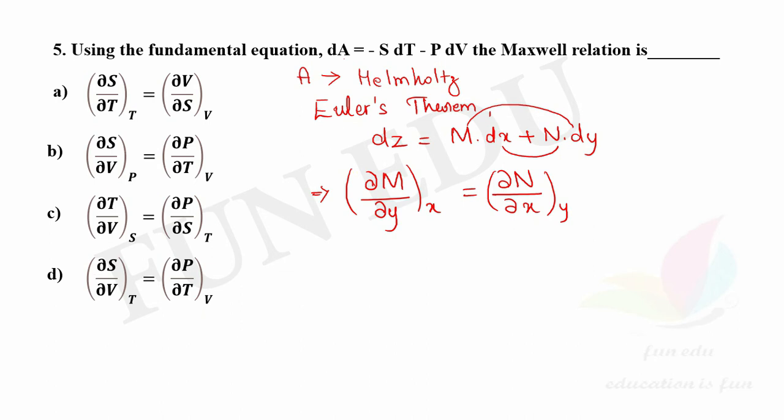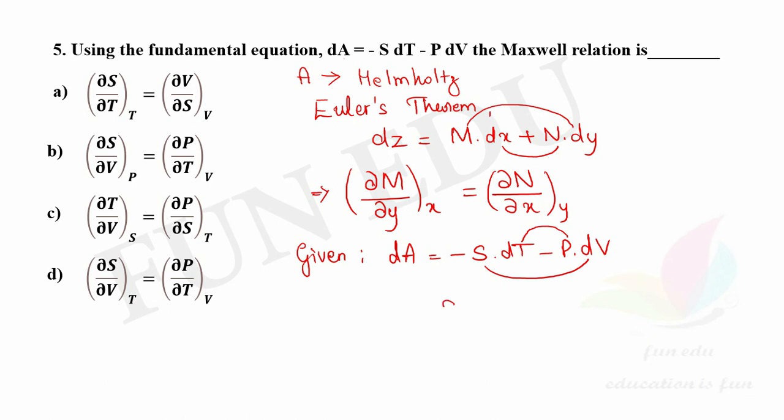So similarly, if you compare the same thing with the given equation, what is the given equation? That is dA is equal to minus S into dT minus P into dV. Okay. So this is the given equation. If you compare the same thing with the given equation, what can I write? S will be differentiated with respect to dV and P will be differentiated with respect to dT.